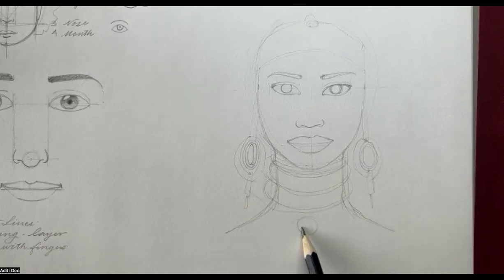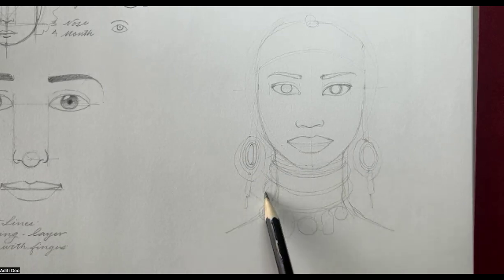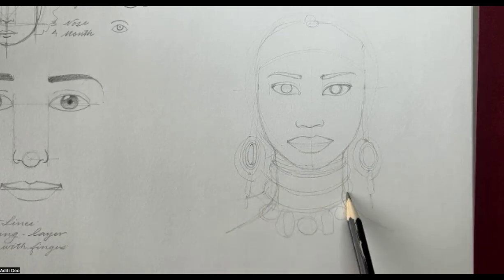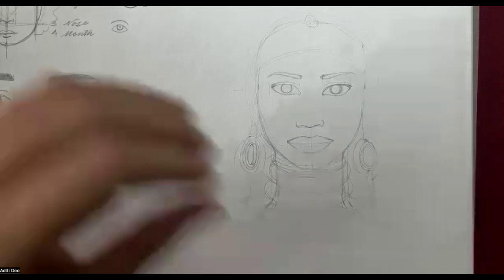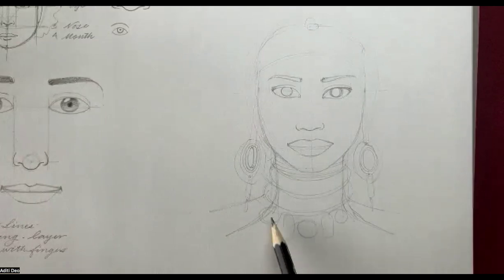And the shoulders are actually right here, not as low as I had drawn. So I'm ending her beads somewhere over here. I don't want to go too close to the base.